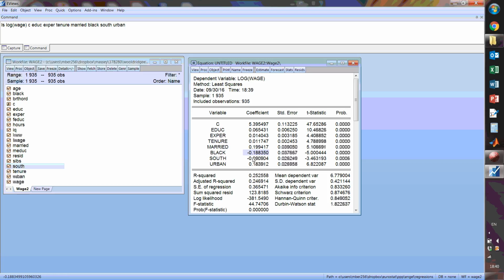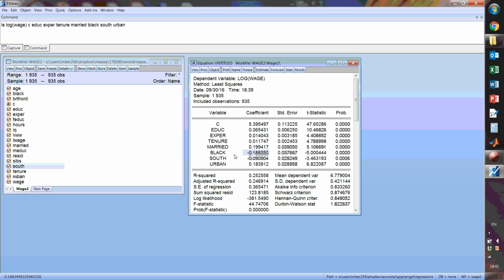That's not the case, because if you include the south dummy, we see that even after you condition for whether the person lives in the south or the north, there is still a significant and large difference, approximately 19%, between wages of non-black and black. So obviously, if black is the dummy variable, non-black is the base group, so the wage is 18.8% lower for the black relative to the non-blacks, and it's highly significant.